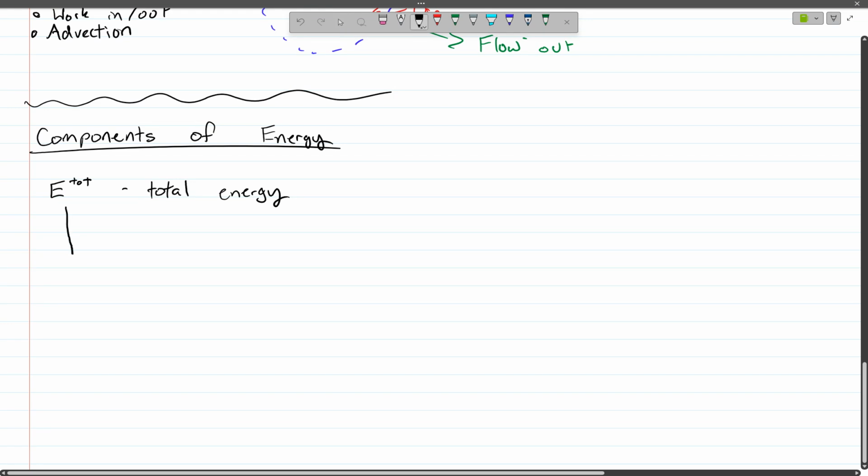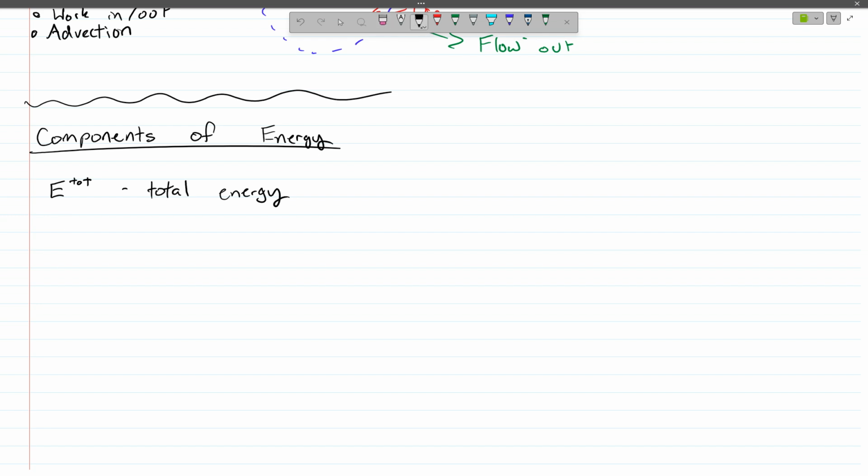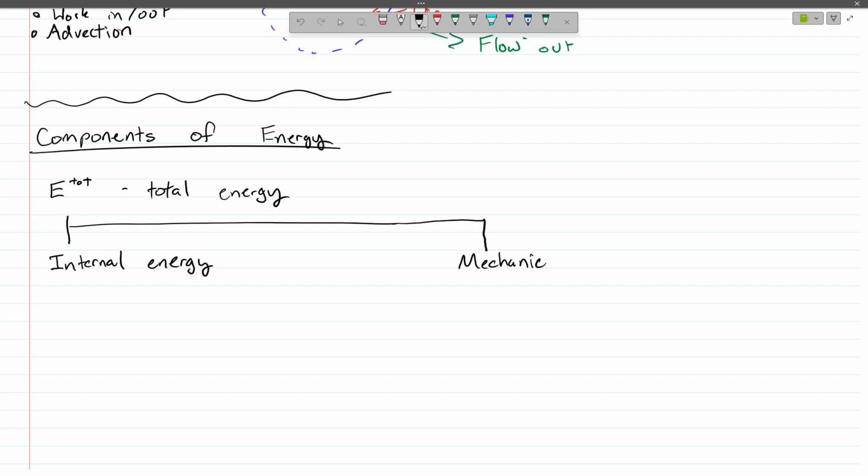So this is made up of internal energy and mechanical energy. For internal energy, we're just going to call this U, and mechanical energy, we will call ME.